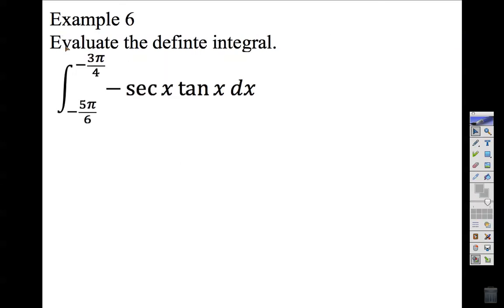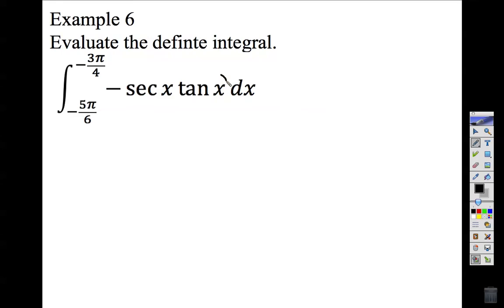In this last example, we are asked to evaluate the definite integral between negative 5 pi over 6 and negative 3 pi over 4 of the negative secant of x times the tangent of x with respect to x. So this is how it's written in most math books.